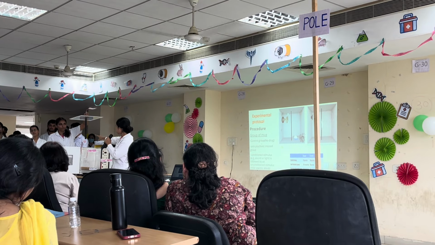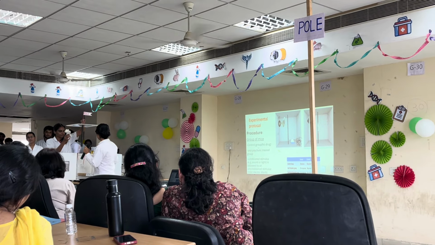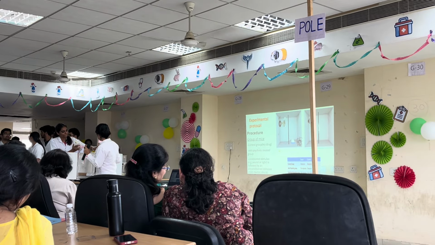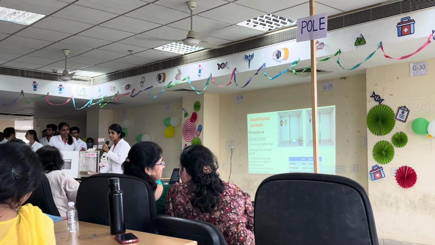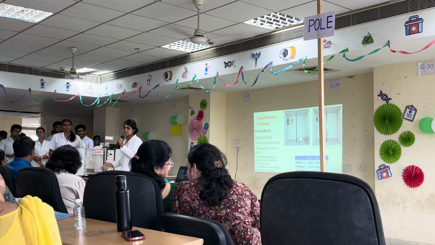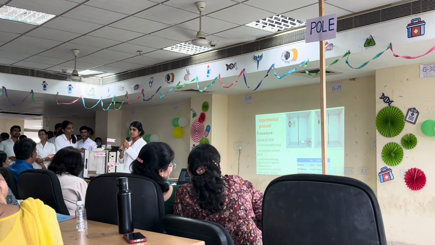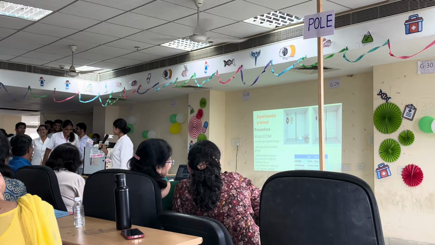This is the pole which is used for the animal, the mouse, to climb on. And there's an electrifying grid at the bottom, which is used to produce mild shocks or currents. Now my friend Chinky will explain the rest of the mechanism.